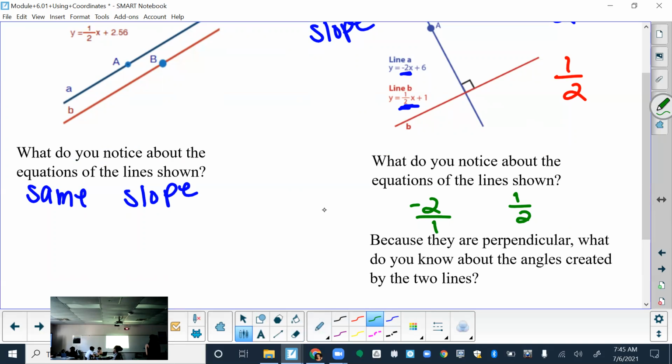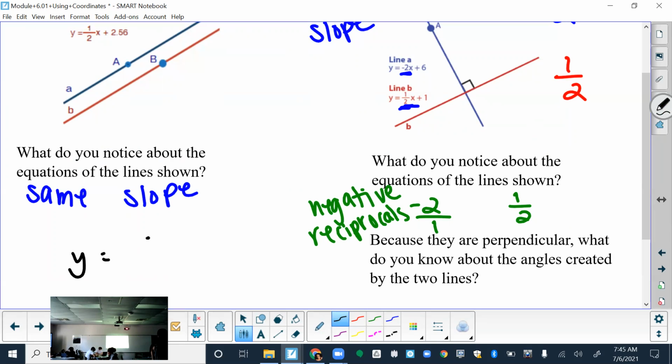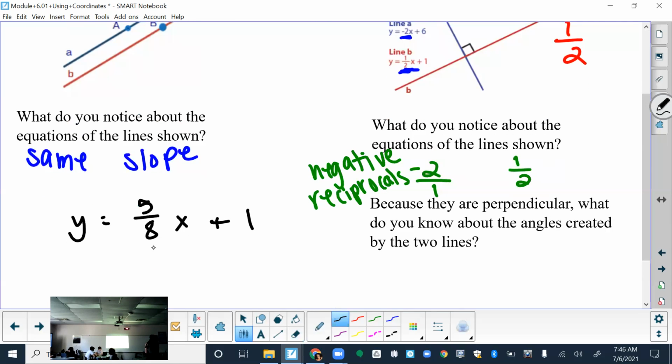All right, so these are negative reciprocals. So if I asked you, what line is perpendicular to, let's say, this line, so 5/8 x plus 1, all I have to do is flip it. So what would the fraction look like now?